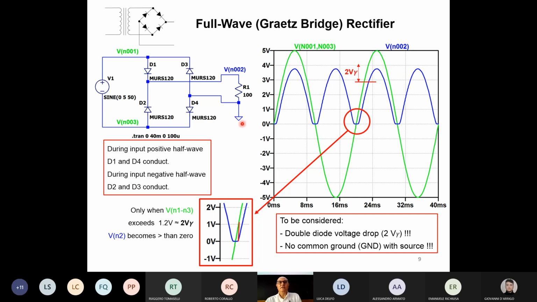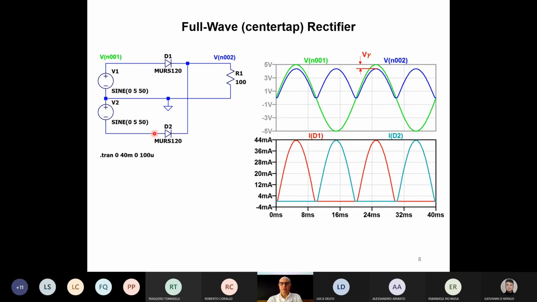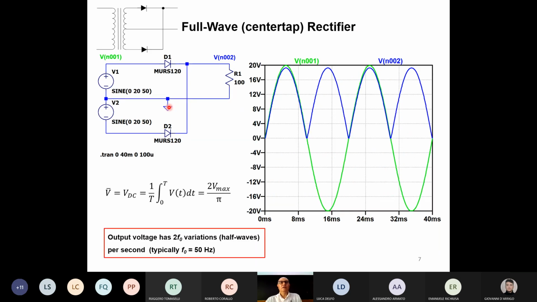One of the main differences between the Gratz bridge and the previous circuits is that it is not possible to have a common ground between the transformer and the output. If you look at the previous circuits, you see here, also this one, I placed the ground here, that means this wire, and so I have a common ground between the transformer and the output.